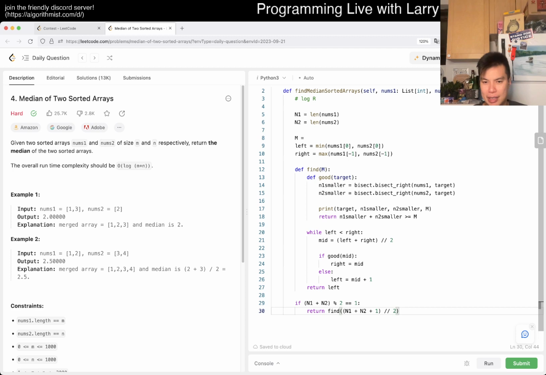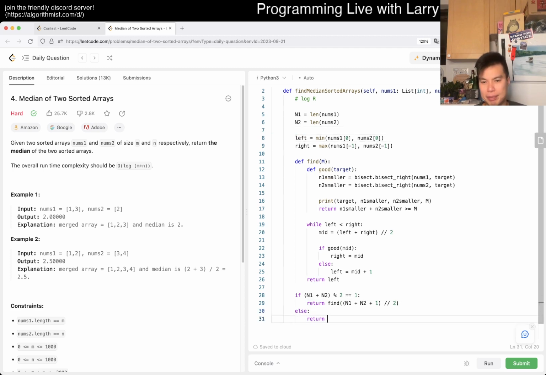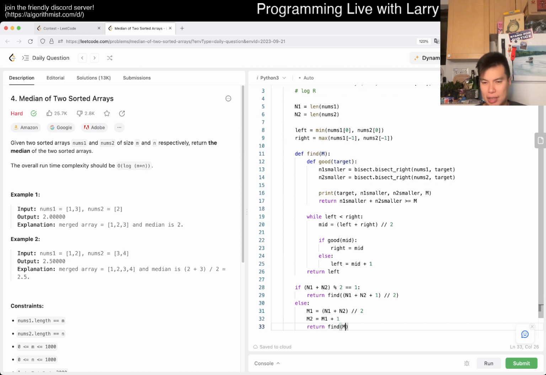If it's even, then we will do the thing, right? If it's even, then we do this, and also this, right? And then we take the average of them, right?